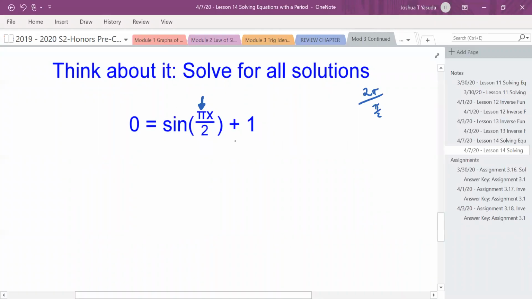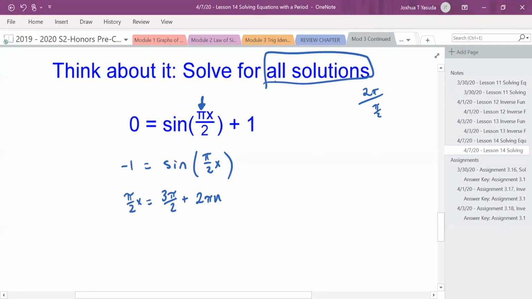So just check this out, right? So subtract 1, get -1 equals sine of pi over 2x. And so then we're sine inverse of -1, 3 pi over 2. Sweet. So I'd say 3 pi over 2 plus 2 pi n, because I got to find all my solutions, right?